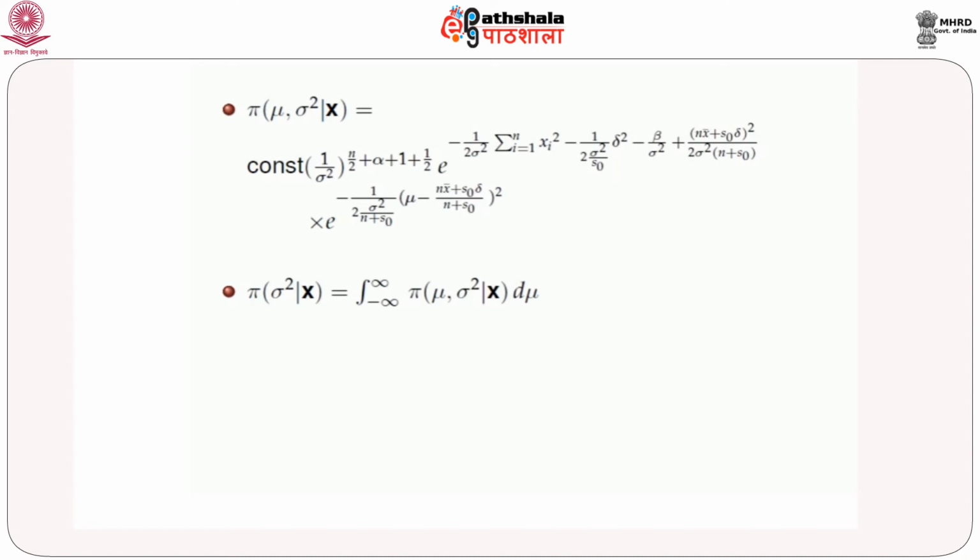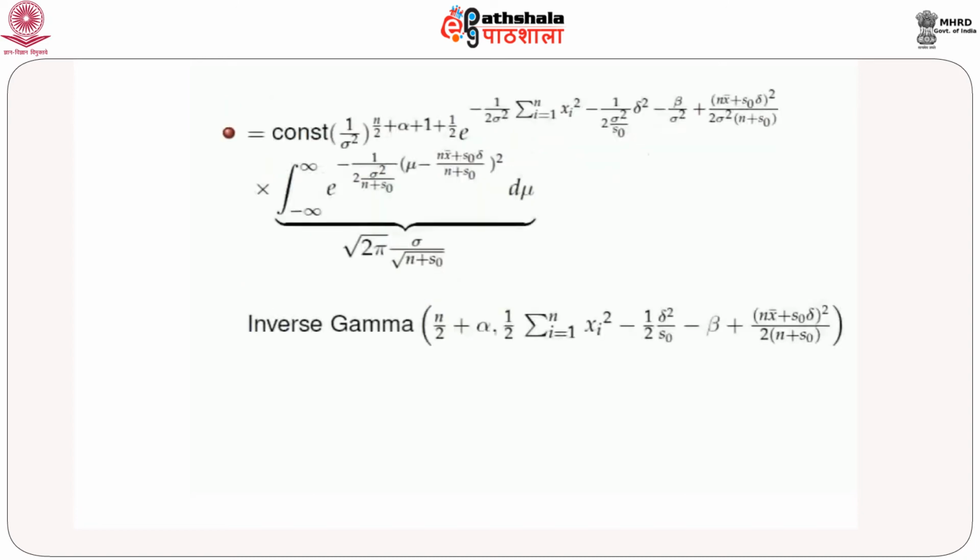Taking into consideration the expression of the posterior distribution, the integral takes the following form. Note that the integral is actually the integral over the kernel of a normal distribution with mean (n x bar plus S naught delta) over (n plus S naught) and the variance sigma square over (n plus S naught).